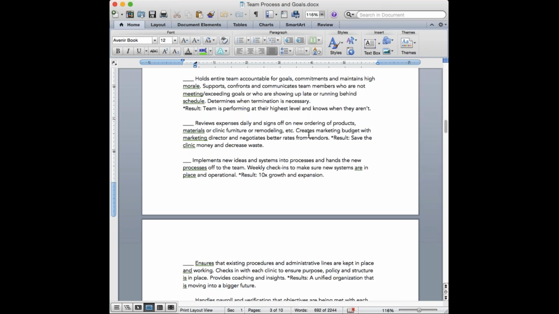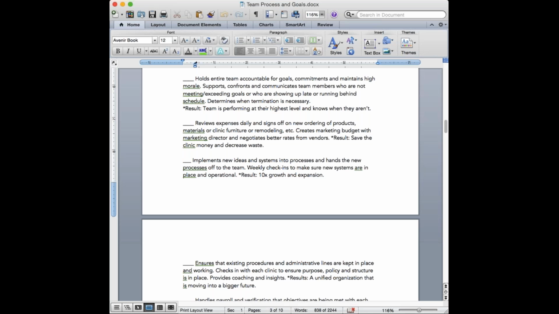You always want to be negotiating better rates with your vendors, and it's not all the time, but even with lab companies, we've been able to work with different lab companies and say, hey, this is how much volume we do with you. What kind of rate can you get us better with? Because we can go somewhere else and get it for cheaper, but we'd prefer to stay with you guys.